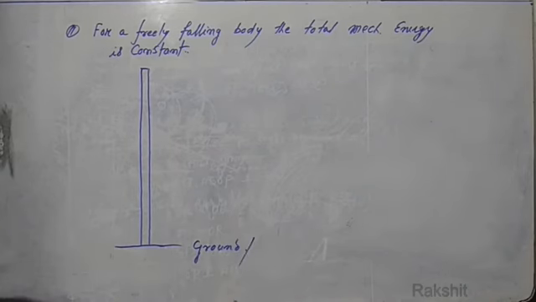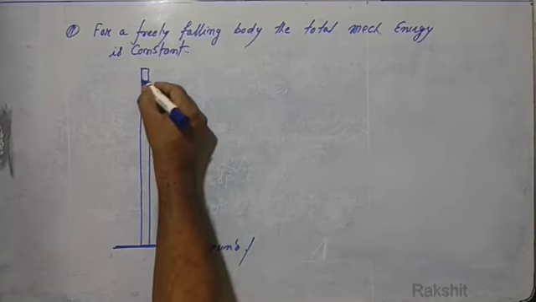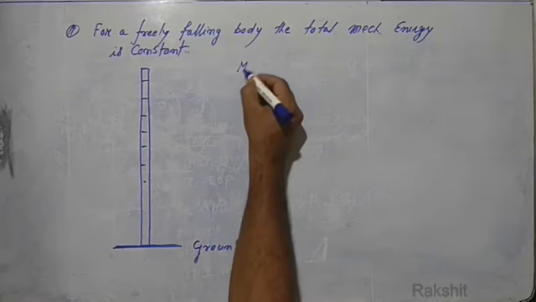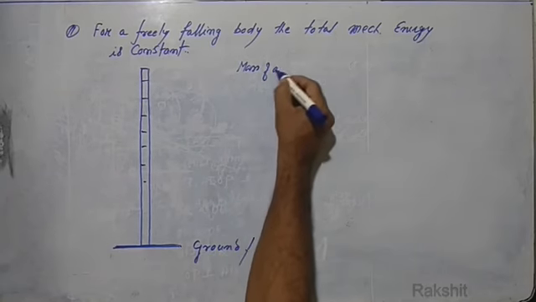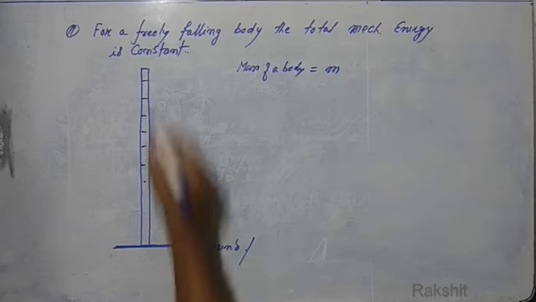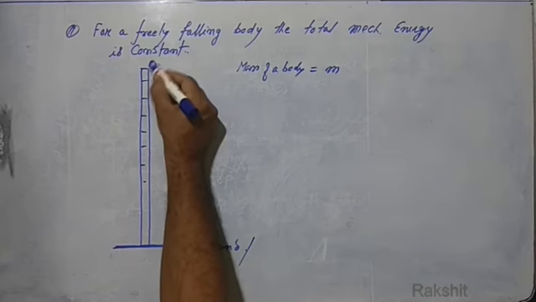or reference level. At this level, any body has 0 potential energy. So this is a tall building. There is a body of mass m placed here.